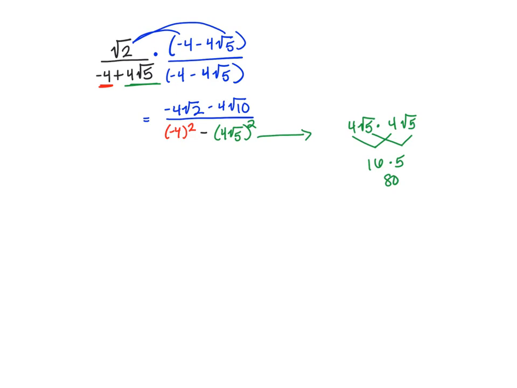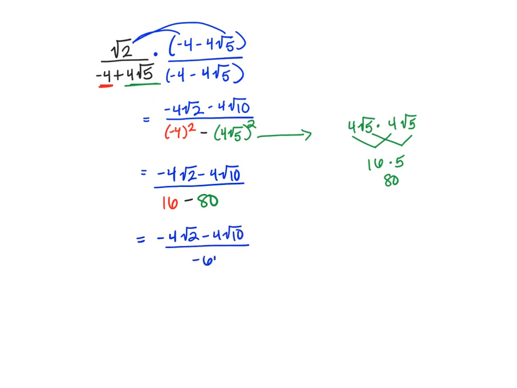So now we have negative 4 root 2 minus 4 root 10 over negative 4 squared is 16 minus the 80. And the 16 minus the 80 is going to be negative 64. So you have negative 4 root 2 minus 4 root 10 over negative 64.